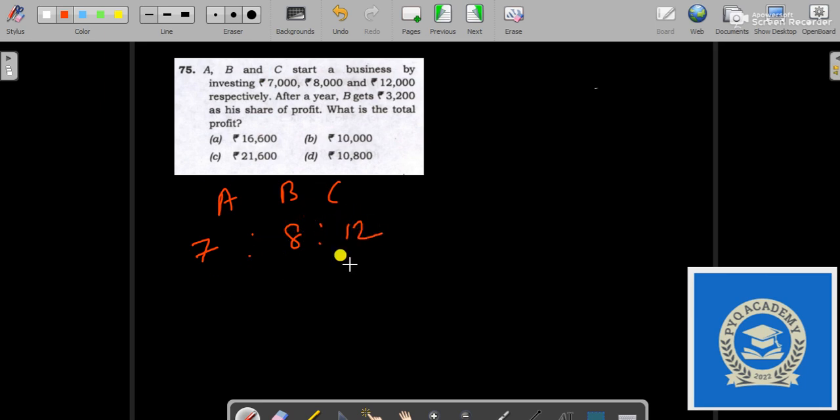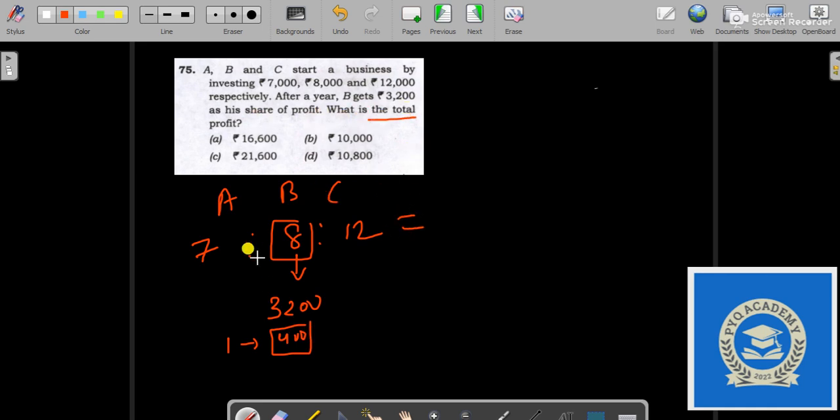If B gets 3200, that means if 8 denotes 3200, then 1 will denote 400.